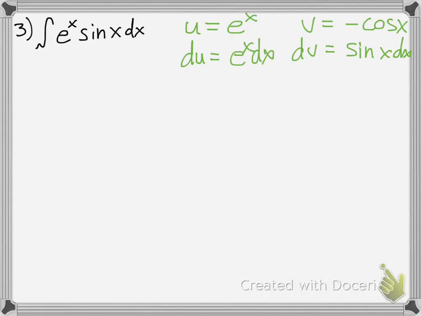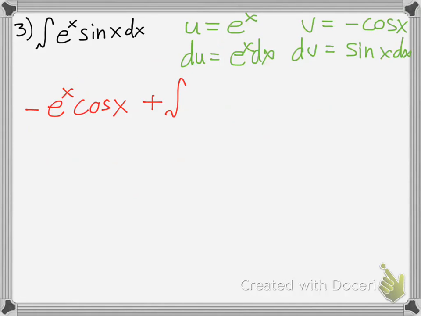So we'd get this for our setup, and same thing following LIPET. Just split it up like that. So here's ultra, and here's violet. And then, since it's subtracting a negative, it'd be positive.